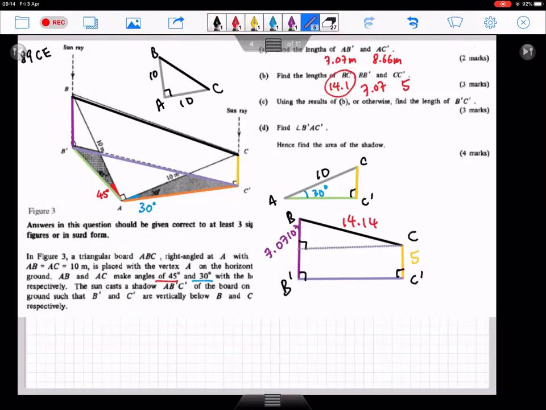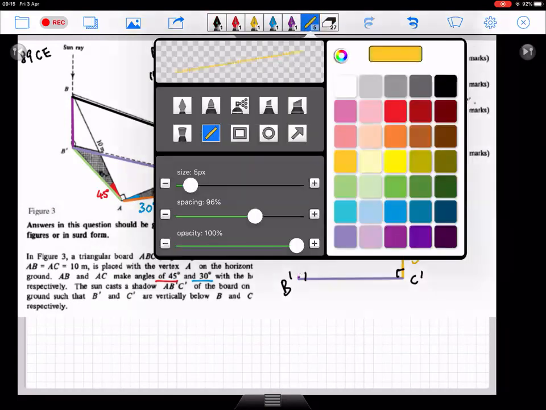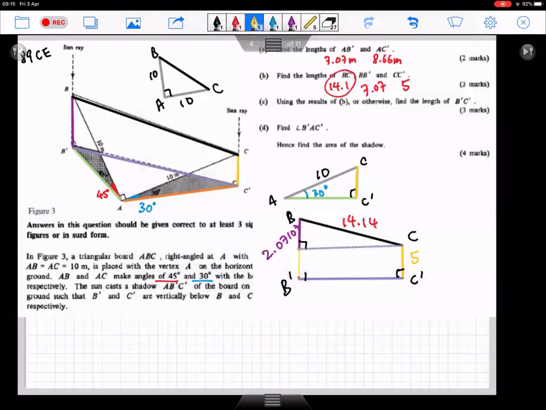So this purple part will be shortened to 2.07 because it's 7.07 minus 5. You subtract the 5, so you are going down to 2.07 for this purple part.